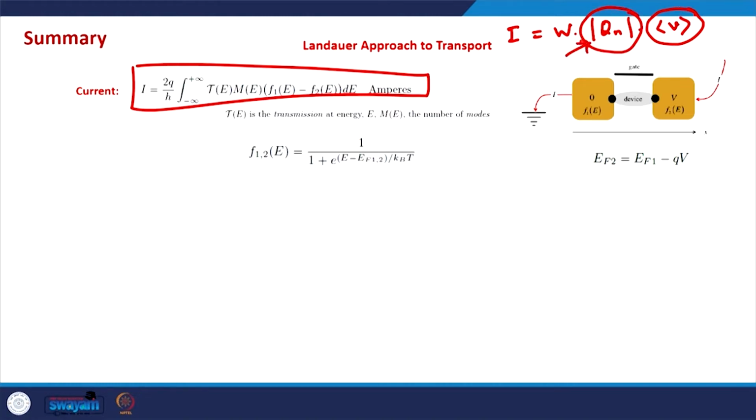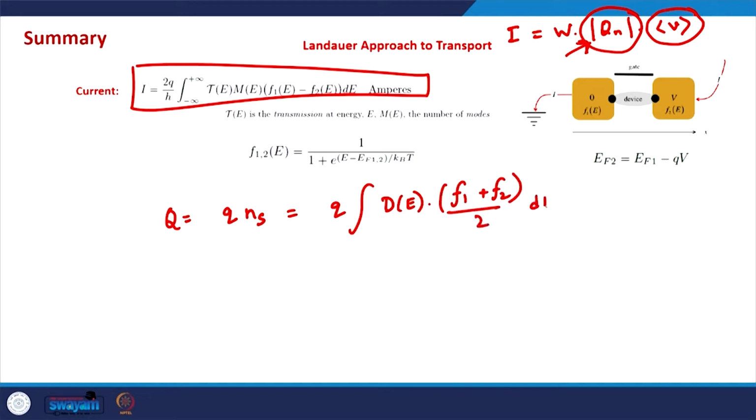This charge can also be calculated from our expression of charge, which looks like this in the steady state. So this is the charge in the steady state. It also comes from the general model of the transport, and this generally can be written as the integral of dE times (F1 plus F2) by 2 dE.